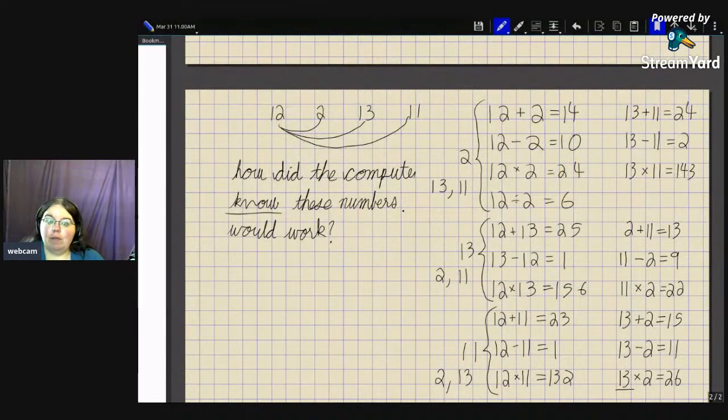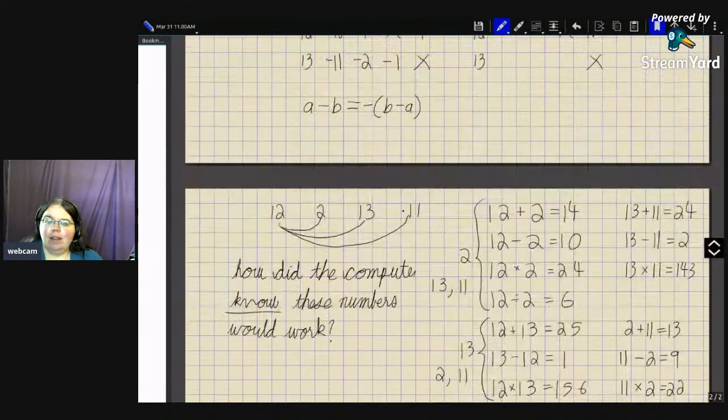And I'll be honest, I haven't figured that part out yet. But I'm sure there's a way to figure it out.